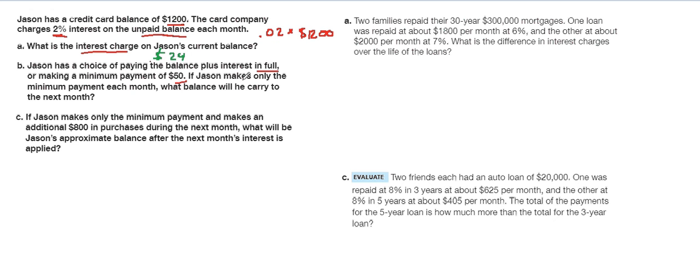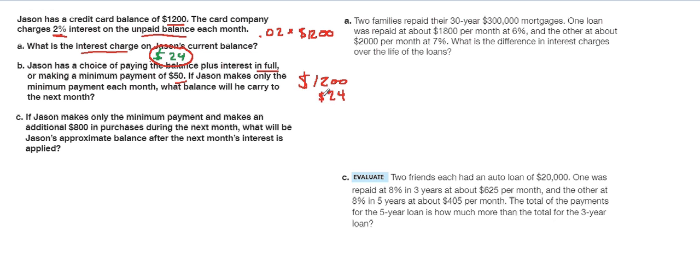This month he owes $1,200. That's his balance. If you have a series of letters in one problem, then you'll probably use the previous letter to help you with the next one. So $24 is part of what he now owes.